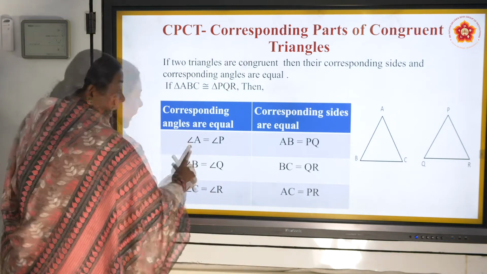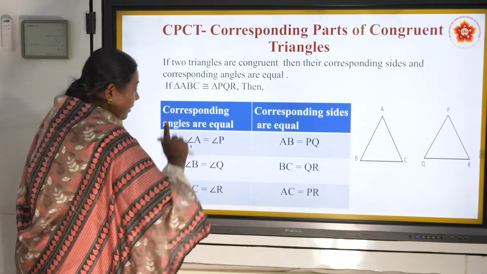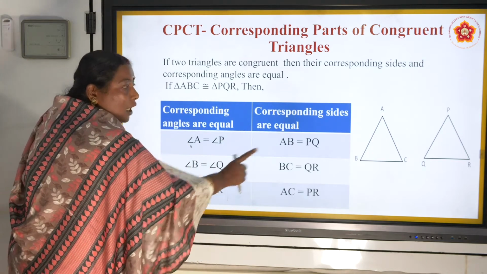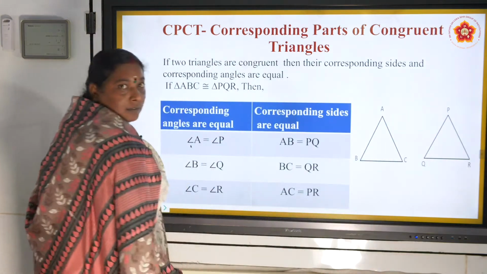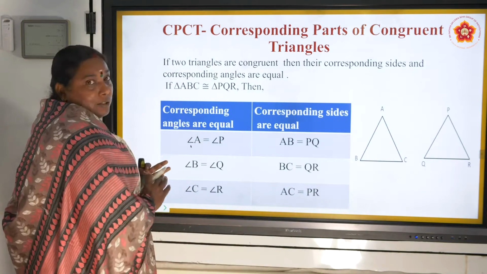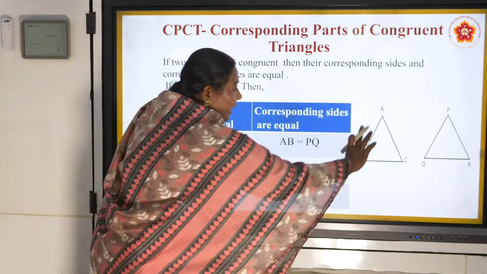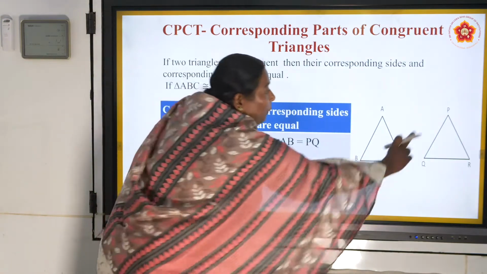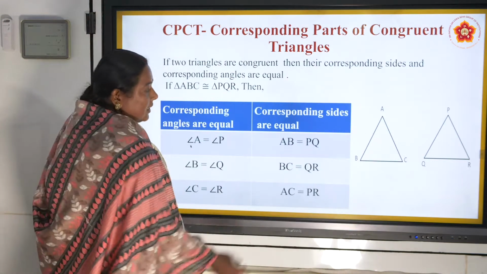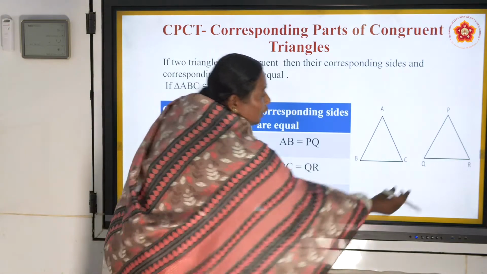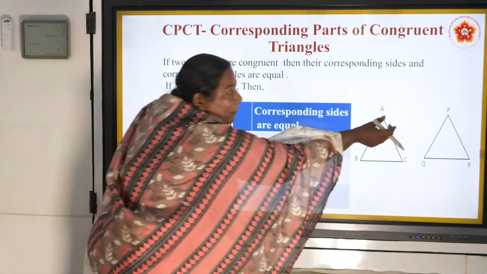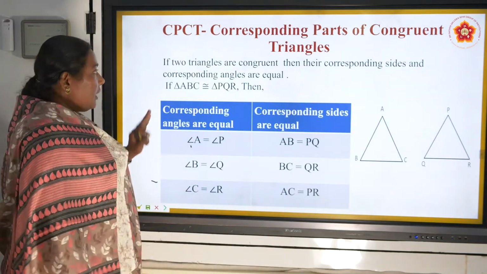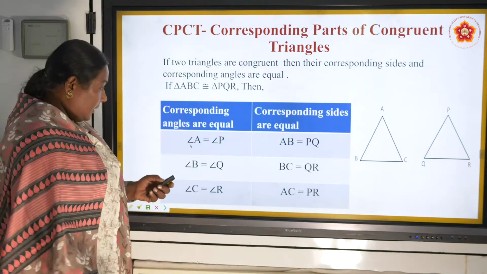See, angle A equal to angle P. Angle B equal to angle Q. Angle C equal to angle R. Now corresponding angles are over. Now let us see the corresponding sides. AB is equal to PQ. Next, BC is equal to QR. Next, AC is equal to PR. I think you understood this. Let us move on to the next.